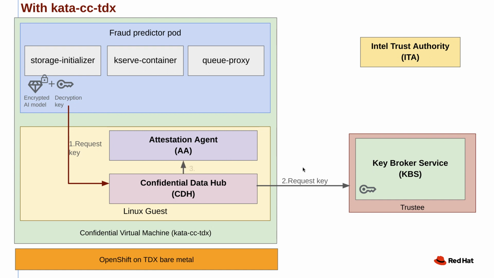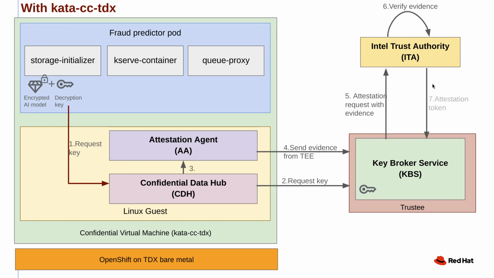So the next step is that the attestation agent sends the evidence from this TEE to the trustee KBS, and the KBS then sends the attestation request with the evidence to the ITA. The ITA verifies the evidence, and after the verification, it sends the attestation token to the KBS.